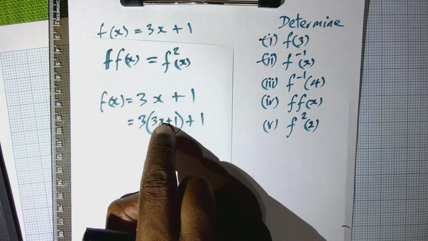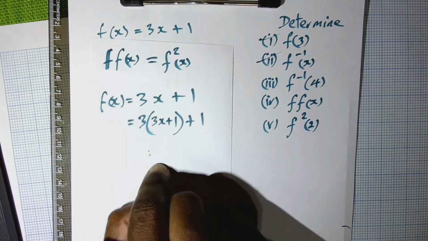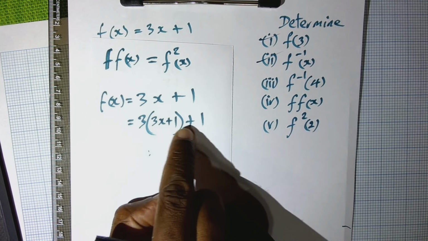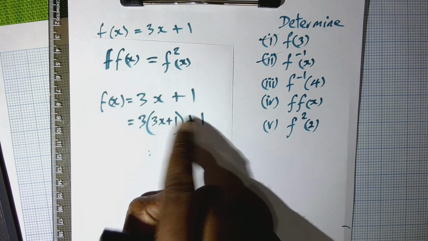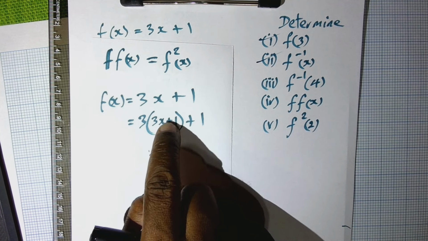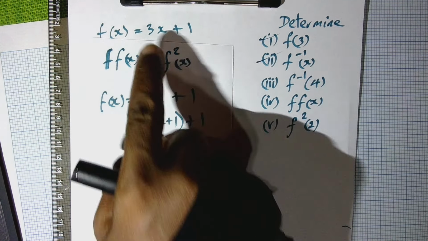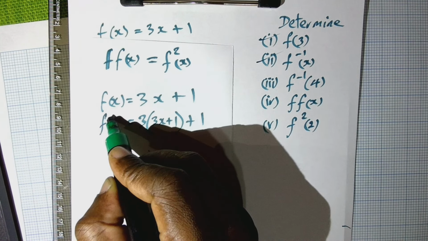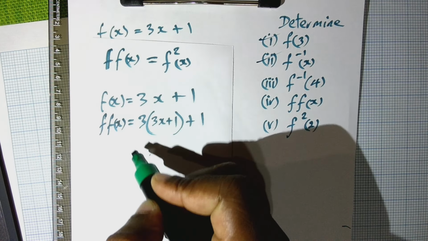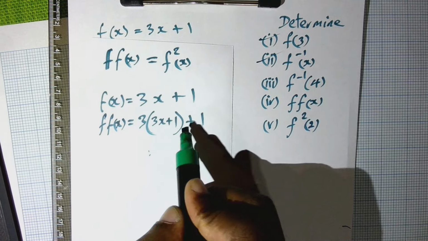So f of x in f of x. So it's 3x plus, this is really x, so 3x plus 1. So this is f of x, but where x is, I'm putting f itself again, which is 3x plus 1. Hopefully that makes sense. So this is actually f of f of x, or we could say it's f squared of x, same thing.